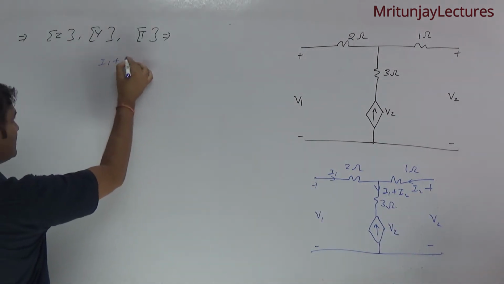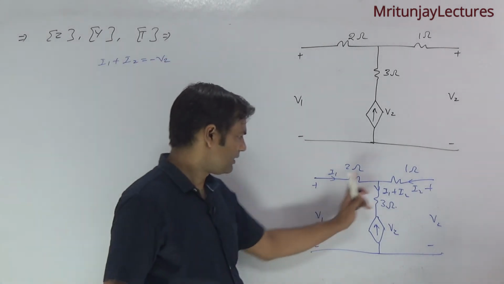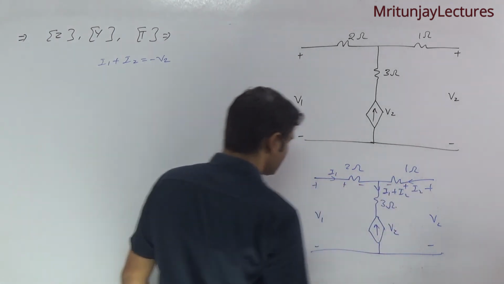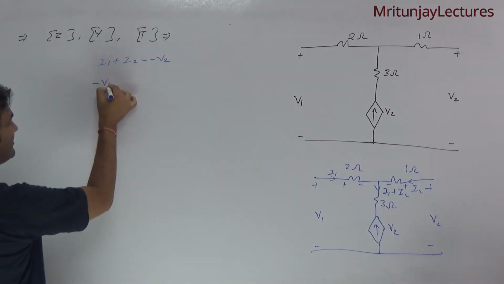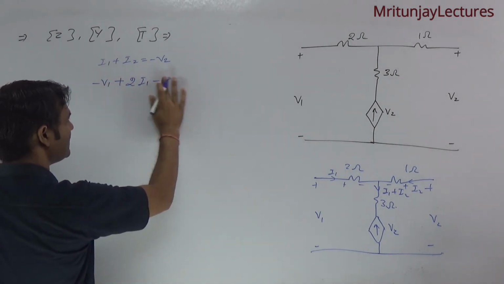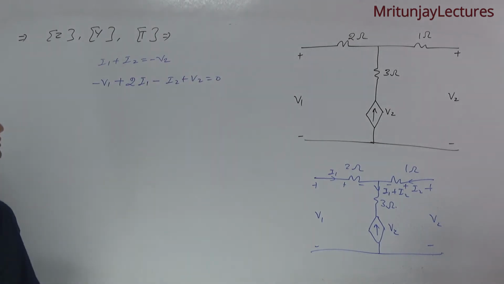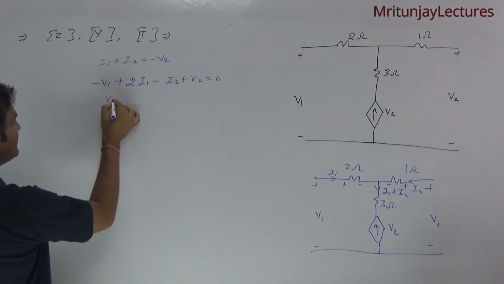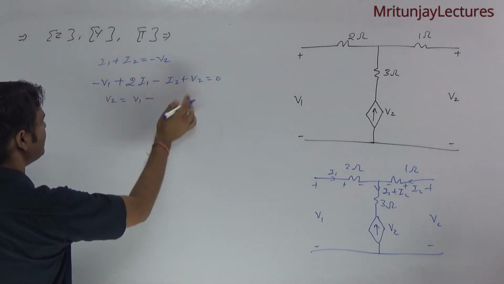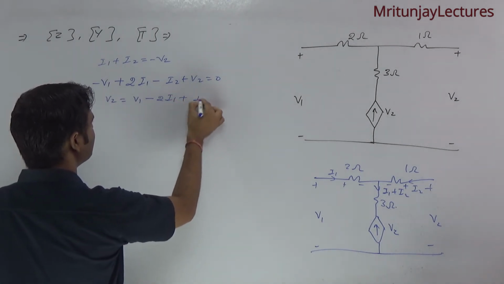So it is clear, I1 plus I2 is equal to minus V2. And minus V1 plus 2 I1 minus I2 plus V2 is equal to 0. So V2 is equal to V1 minus 2 I1 plus I2.